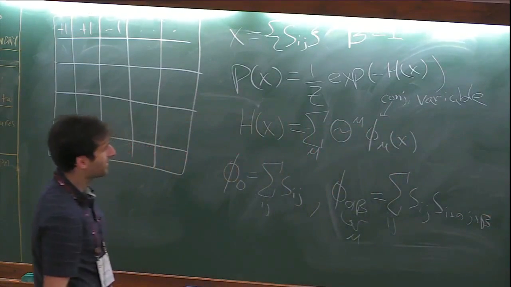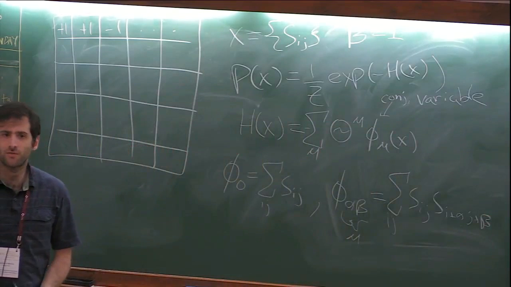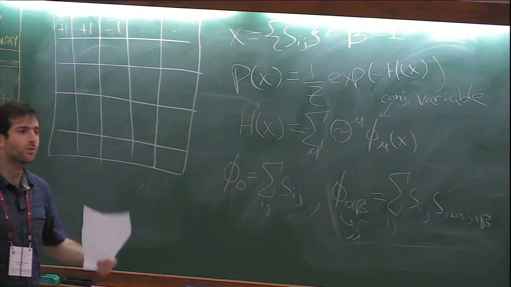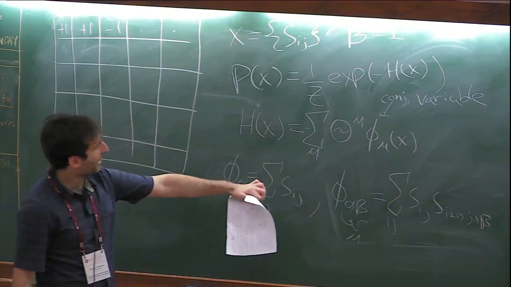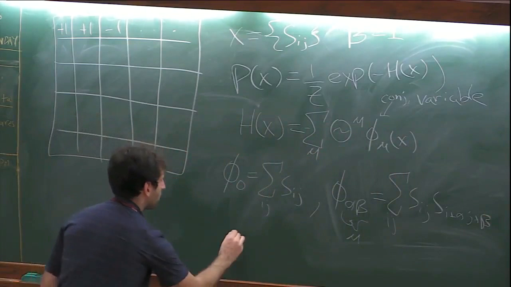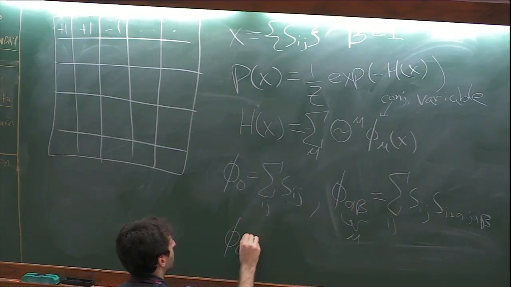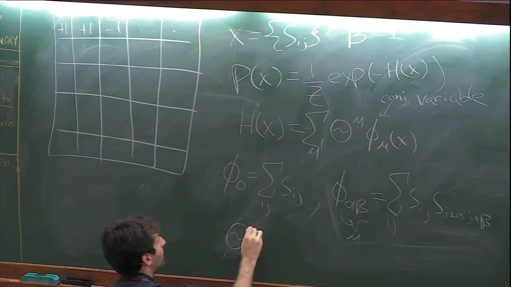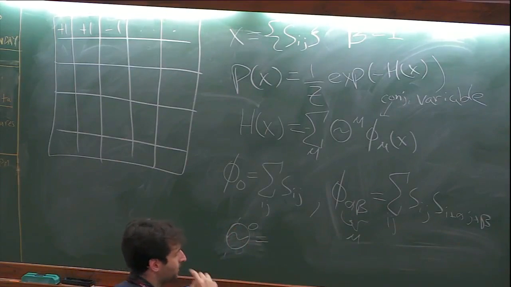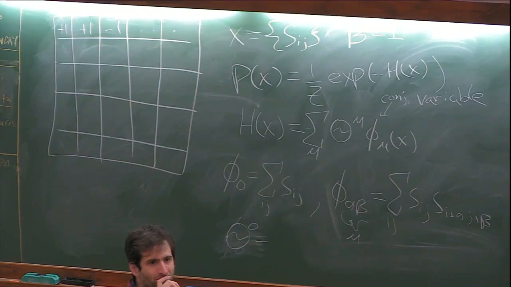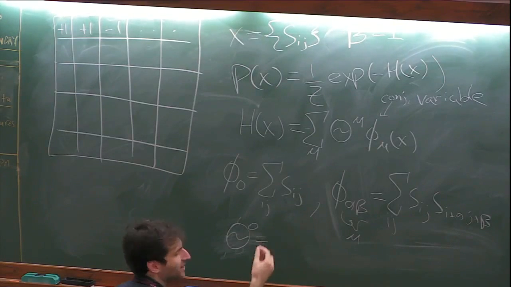That's j plus beta. So this looks a little bit confusing, but if you're familiar with the usual Ising model, I can write it in the following way. So theta 0 is just going to be beta h.